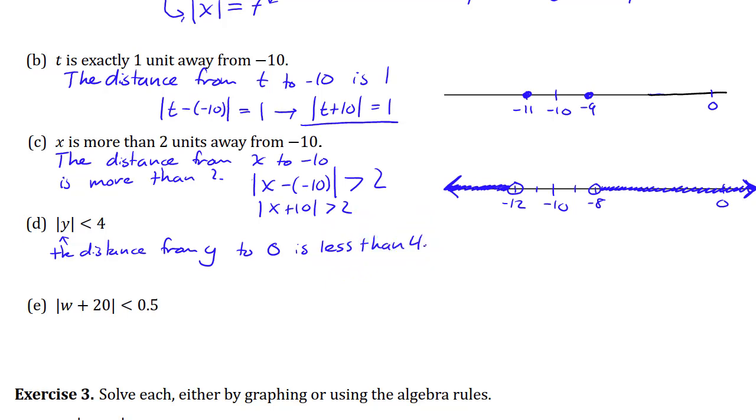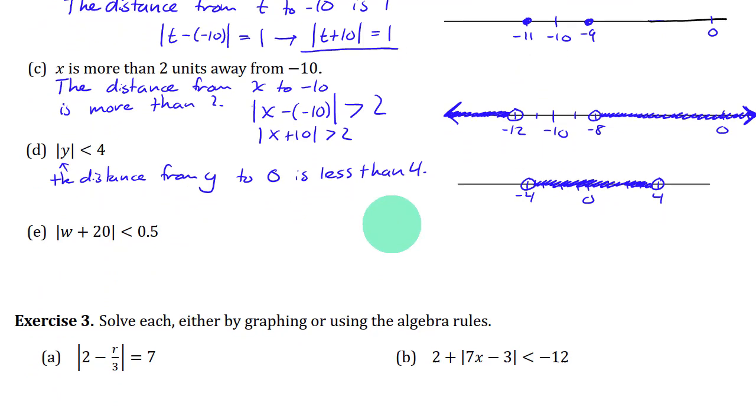So if you're going to draw this on a number line, we're saying that y is closer to 0 than 4 units away from 0. So on the number line, we got 0, 1, 2, 3, 4. And go 4 units the other way. Don't want to include those, so I'll use that. And all of this stuff in here. Should make that work.